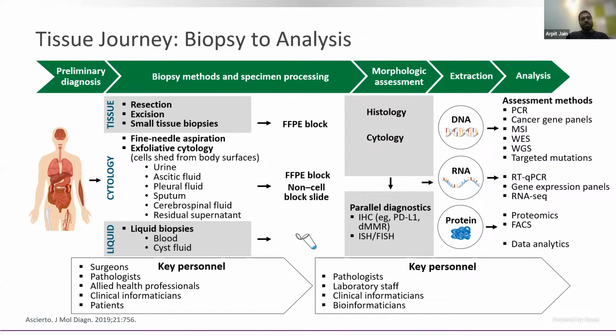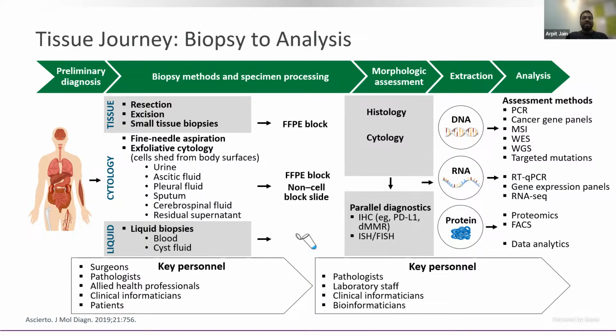So initially, starting from the availability of the tissue, it could be the excision biopsy specimen or the resected tissue specimen. Then we will subsequently assess the histology, and by reflex testing, we usually categorize it based on the IHC pattern.